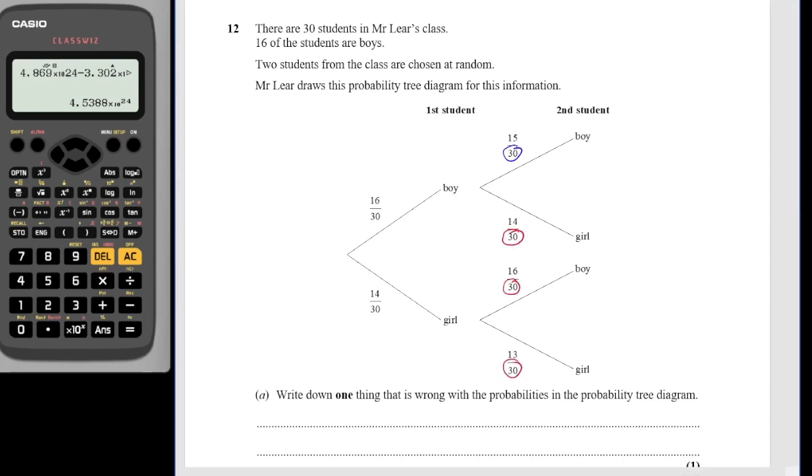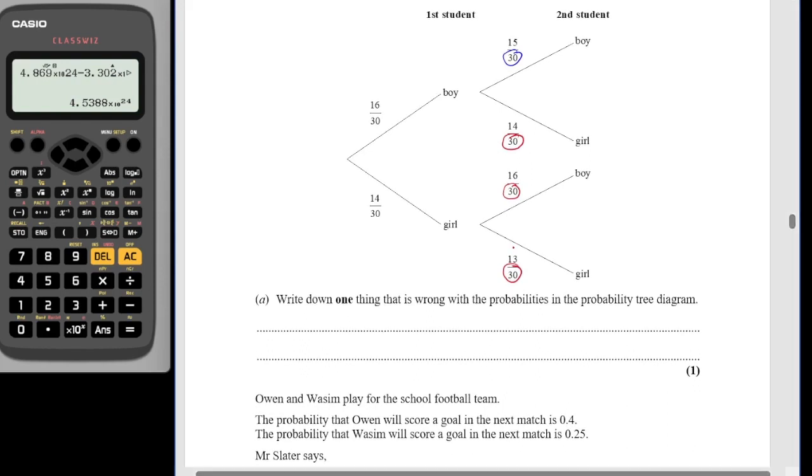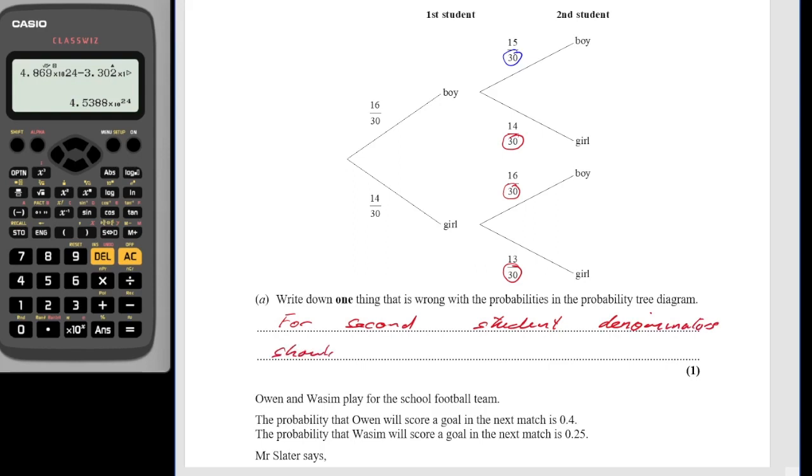Okay, yeah, so for second student, denominator should be 29.